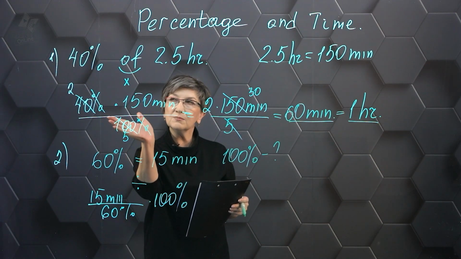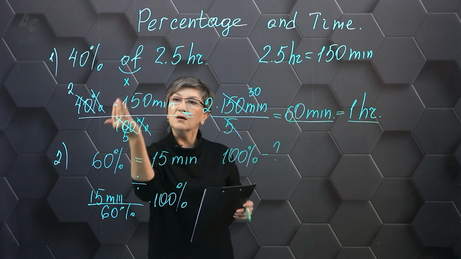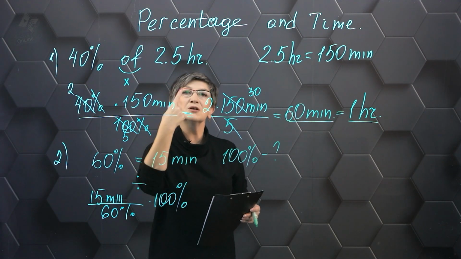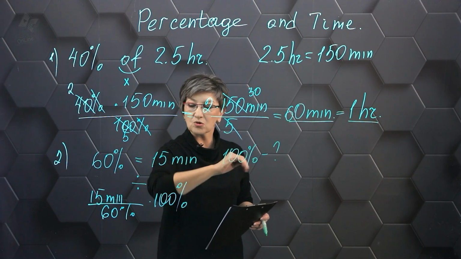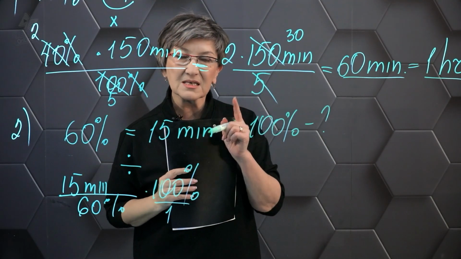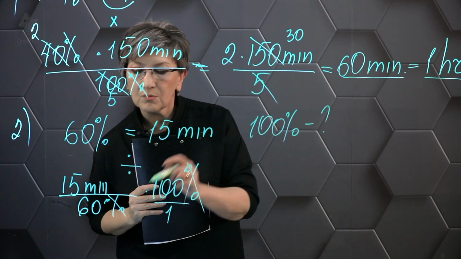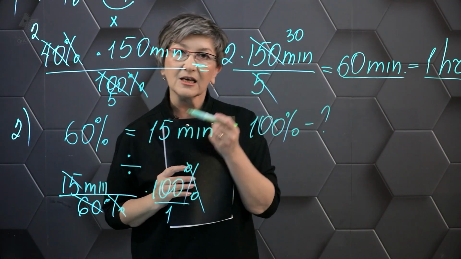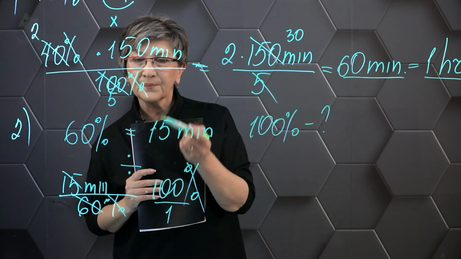Remembering that when we're looking for "of", we divide by 100%, and in this case, we multiply because we need to find that 100%. Again, even though we're multiplying by a percent, I'm going to have the percent signs reduced. Next, 15 and 60, I can also reduce by 15.